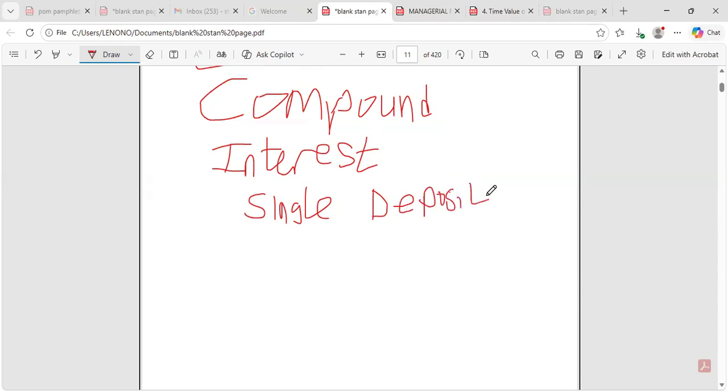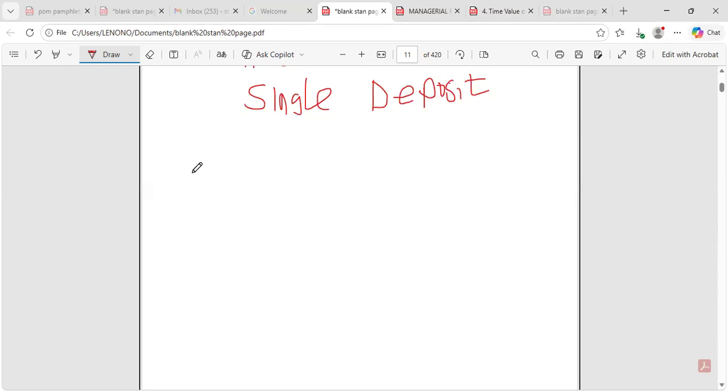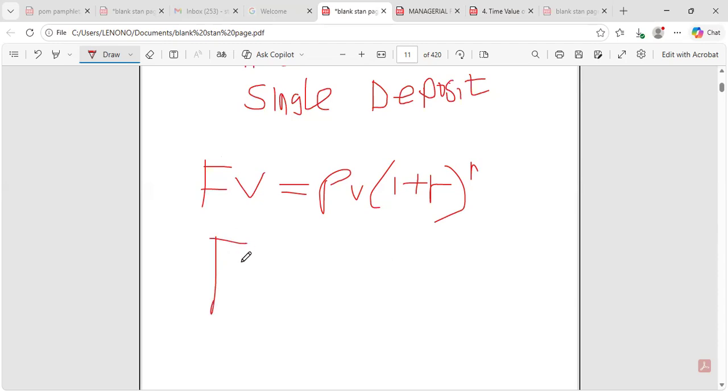we have the future value of any deposit is equal to present value, then 1 plus R to the power n. So our n is the number of years, then FV is the future value.